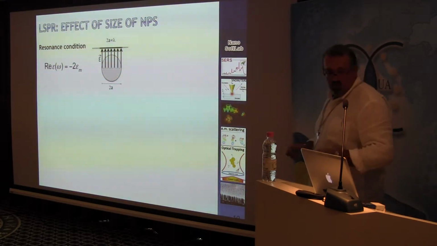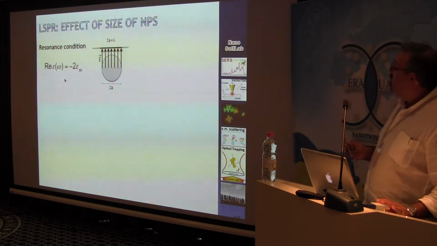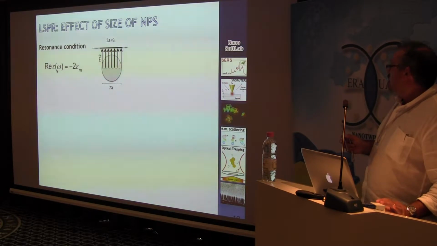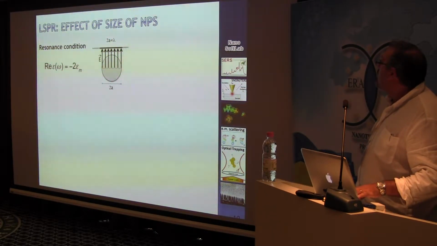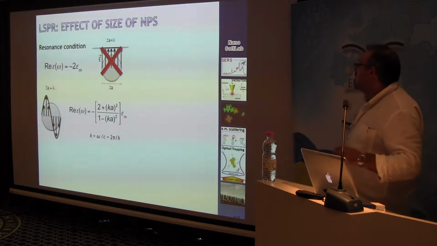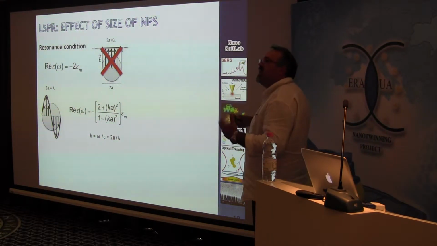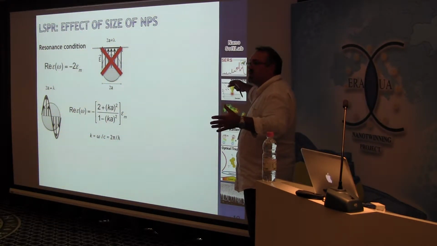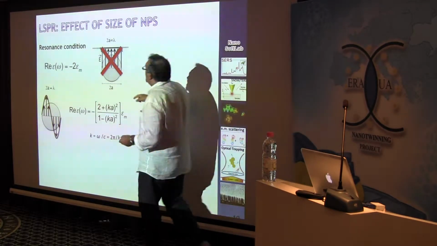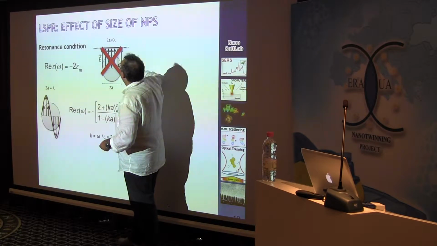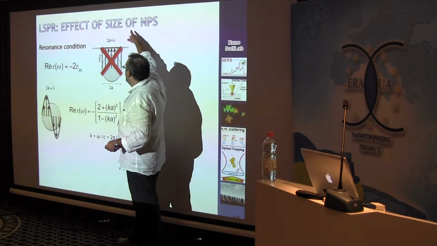This condition, this one, is typically not exact for nanoparticles whose dimensions are 100 or 200 nanometers, because the nanoparticle will not feel a homogeneous field. As we saw before, we can apply the electrostatic model only if we assume that the whole nanoparticle is feeling the same electromagnetic field.